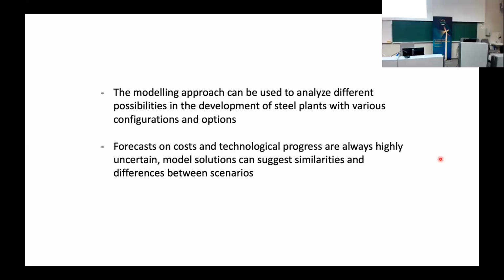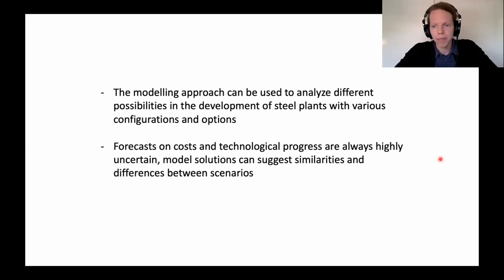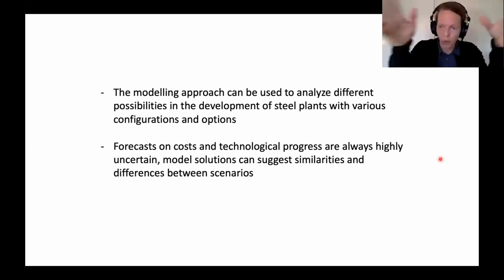So there's still a need for this hydrogen reduction process. But with this sort of tool, it seems like a viable way of making this sort of analysis for different steel plants, with different options and alternatives.